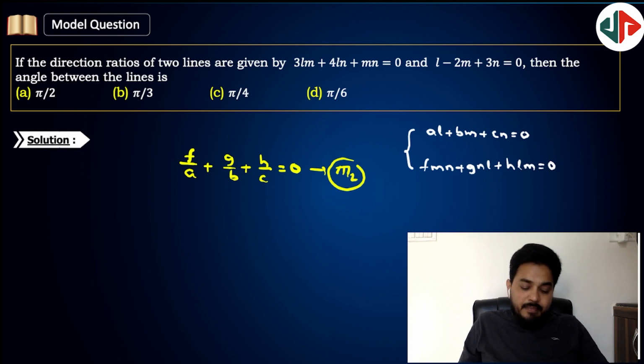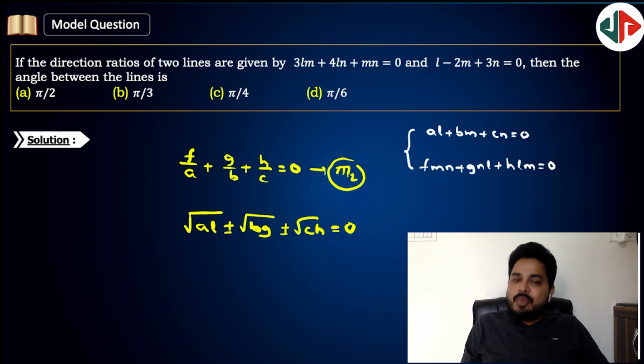And they are parallel if root over AL plus or minus root over BG plus or minus root CH is equal to 0. Here you take plus or minus, and in that case they are parallel.